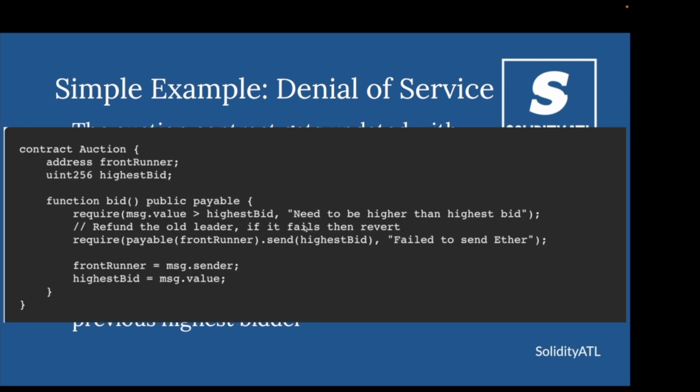So what an attacker can do is create a contract that submits a highest bid here, and that contract can implement a fallback or receive method that automatically reverts. And what that will have the effect of is this bid contract won't be able to refund that malicious contract, meaning they will be able to win the bid unfairly.